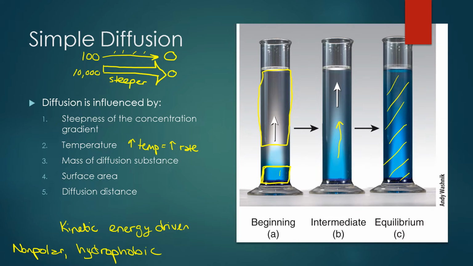So heavier molecules are going to diffuse slower. If there's a larger surface area to cover, it will also be slower. And if there's a larger distance needed to diffuse across, that will also be a slower process as well. But the main factors that influence diffusion are going to be the steepness of the gradient and temperature.